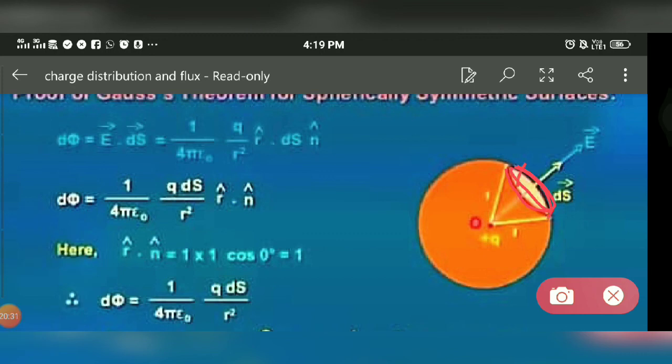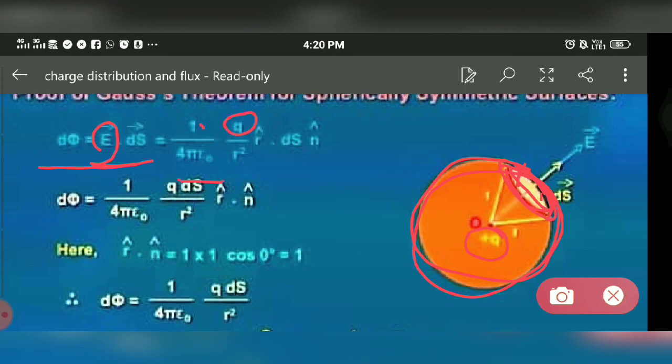The electric field formula, as this all appears to be a point charge plus q at the center, is 1 by 4 pi epsilon naught q by r square, where r square is the distance between this point and the center, with r cap for the direction. r cap is in the outward direction, and ds is the surface element whose normal n cap is also in the outward direction. This is E dot ds n cap.